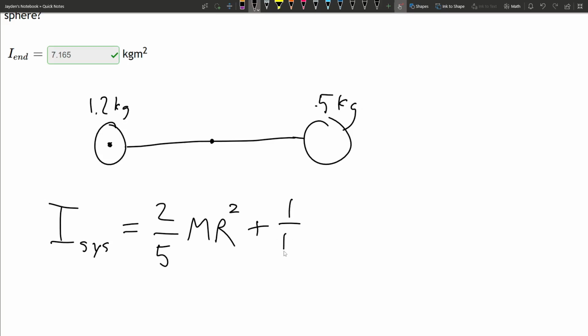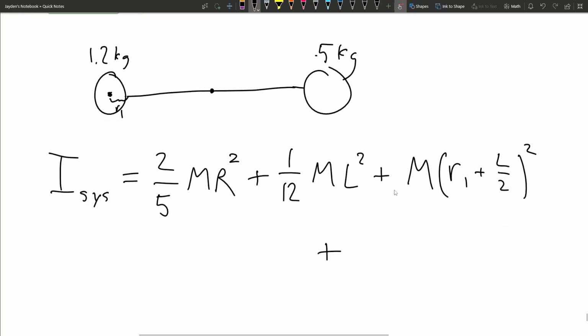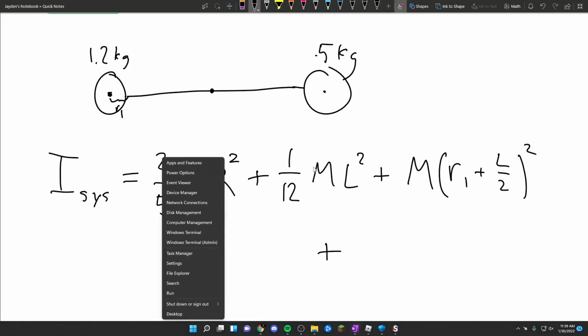So it'd be 1/12 M L squared plus M times, let's call this r1 and this whole thing L, r1 plus L over 2, squared. And then we would add that with the third sphere, where we'll have to do the center of mass here and then do the parallel axis theorem again.